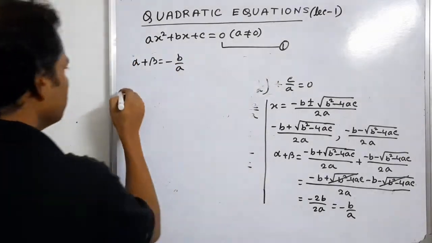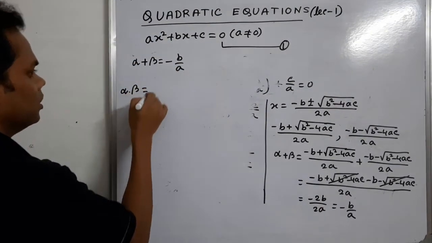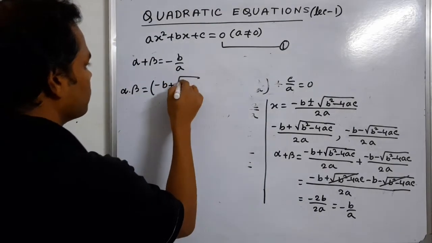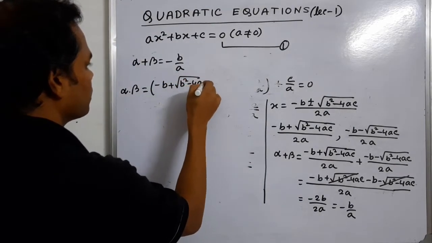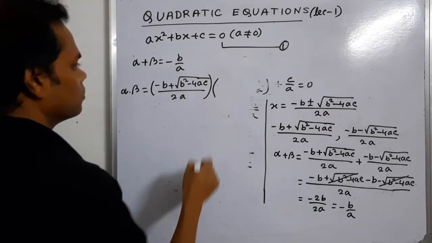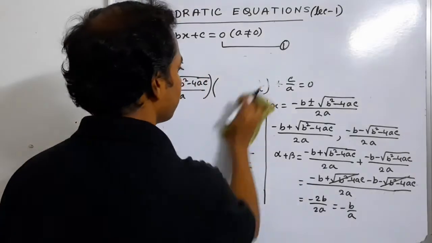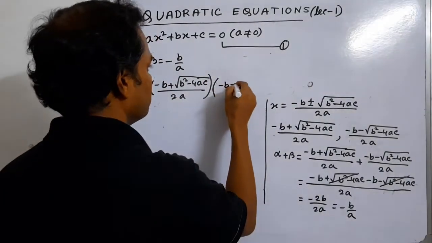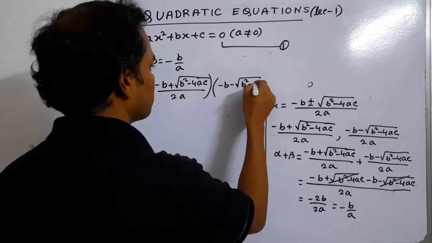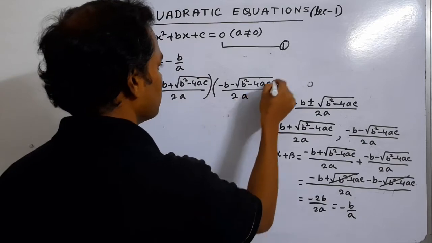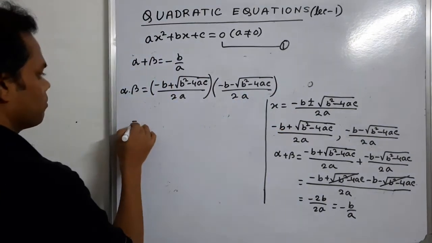Now the product of two roots, alpha into beta, can be written as minus b plus square root of b square minus 4ac by 2a into minus b minus square root of b square minus 4ac by 2a.